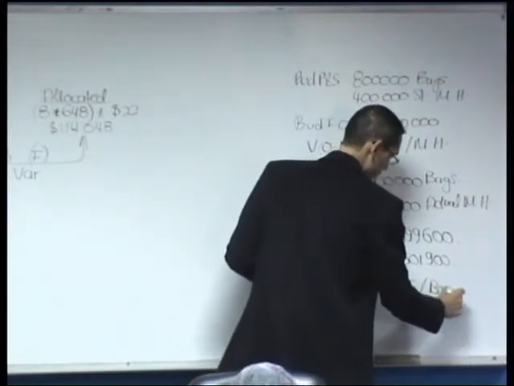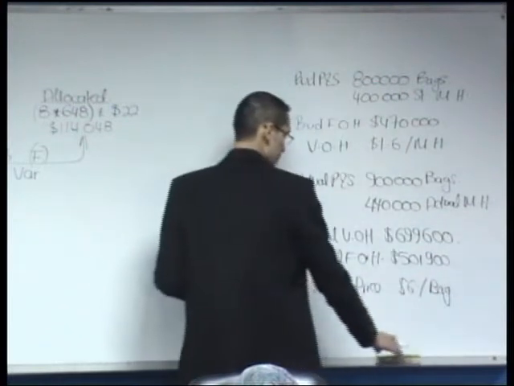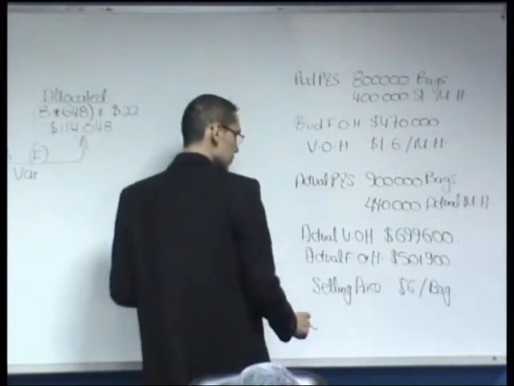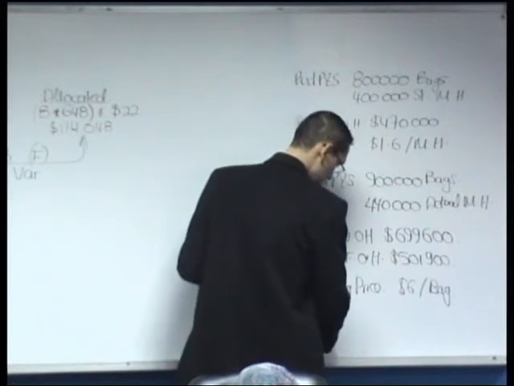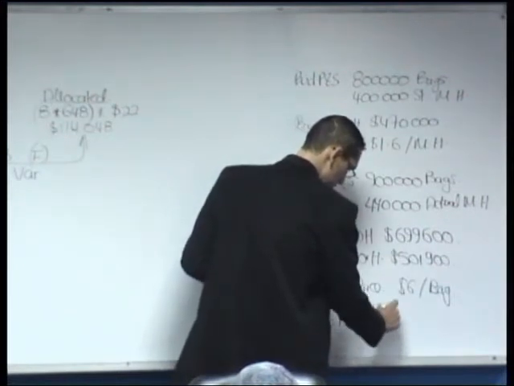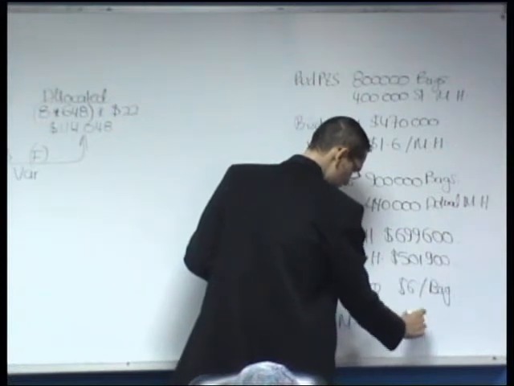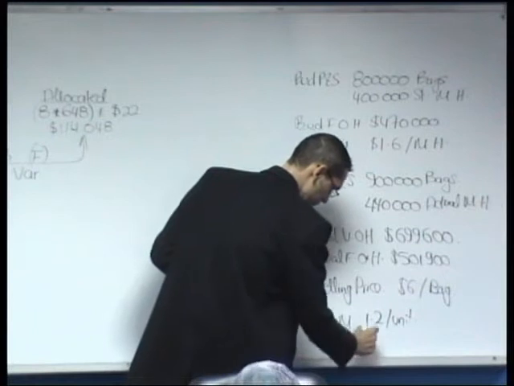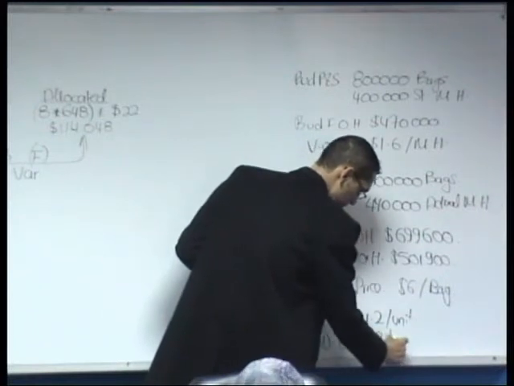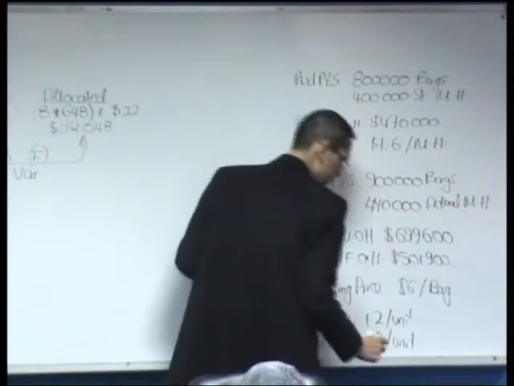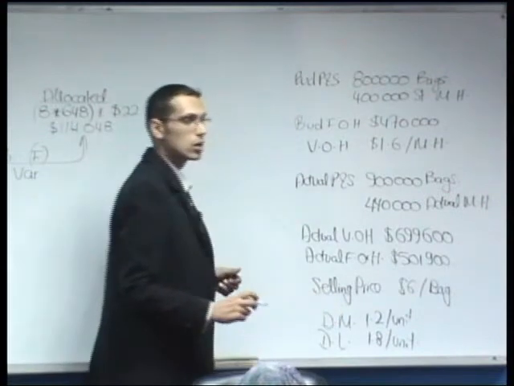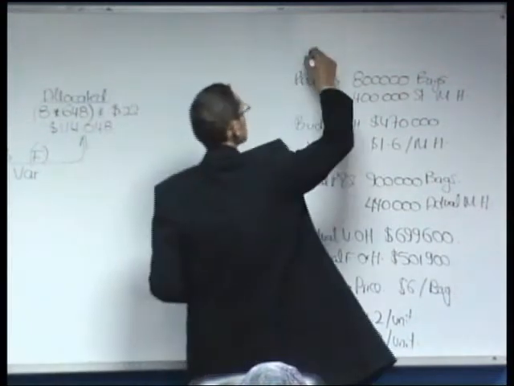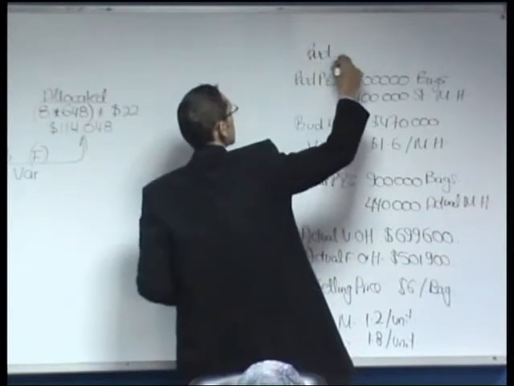Direct material and direct labor actual costs were the same as standard cost, which were 1.20 per unit and 1.80 per unit. They gave us the budgeted price by the amount of $5, I think.